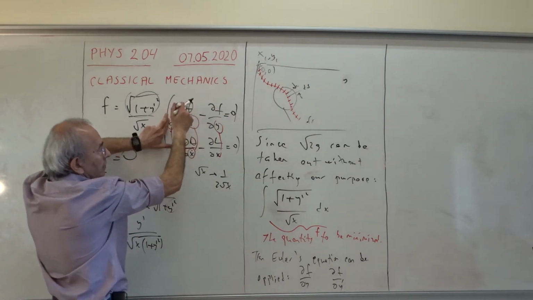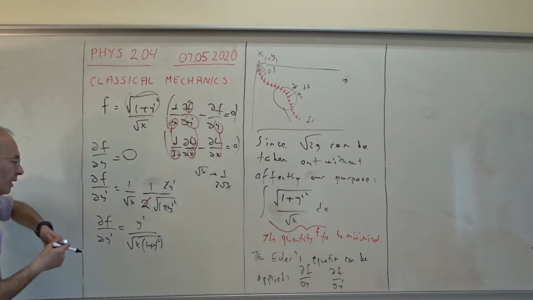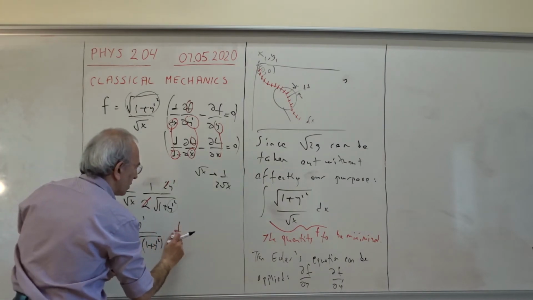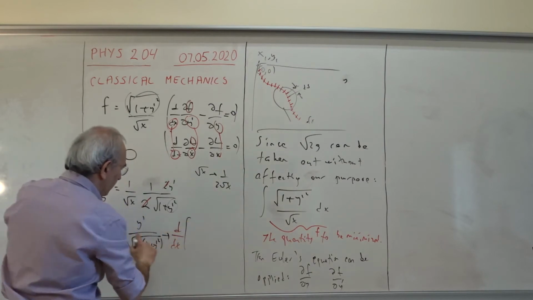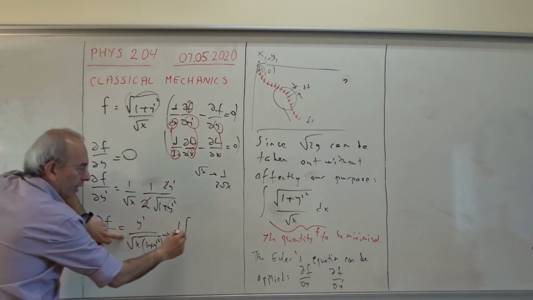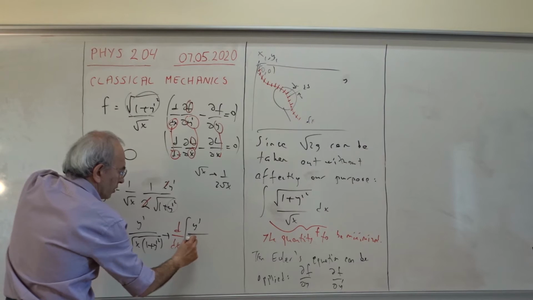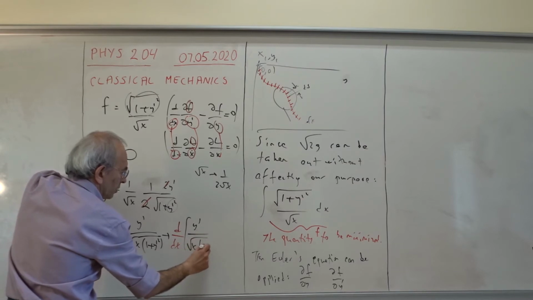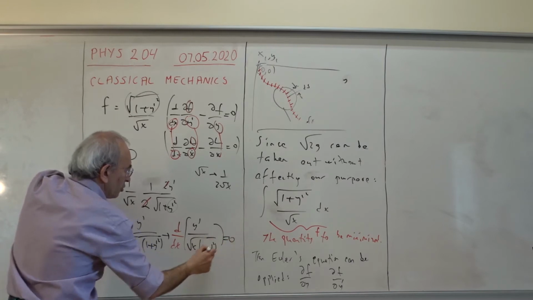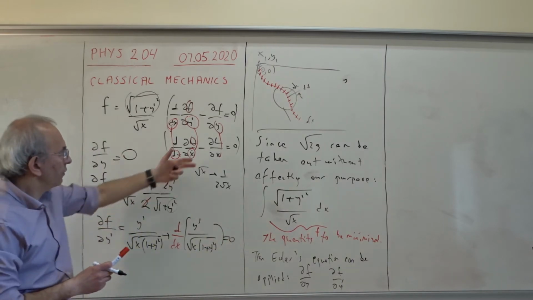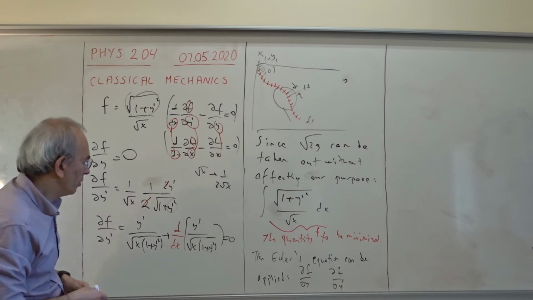So we have to apply d by dx also to this thing. D by dx applied on this right hand side, y prime over the denominator, is just 0, because at the end you will equate it to 0.